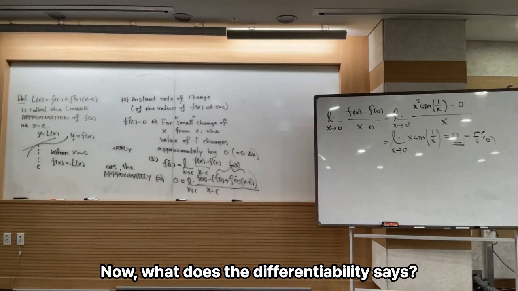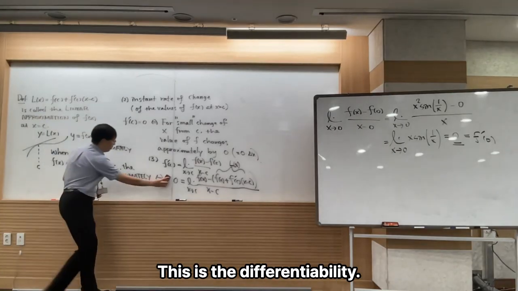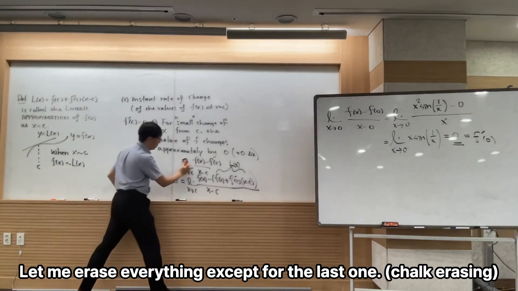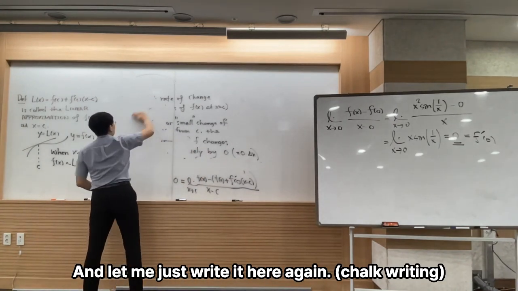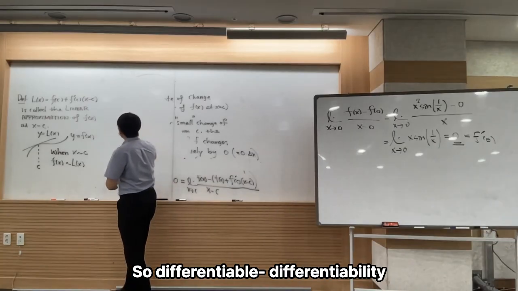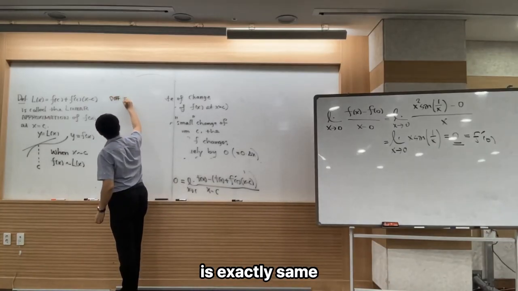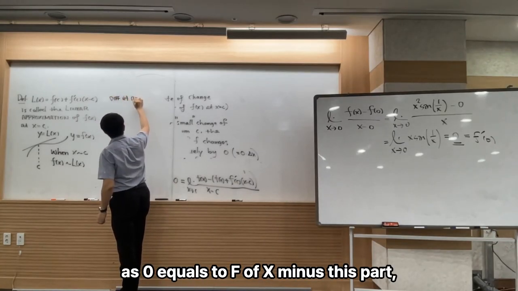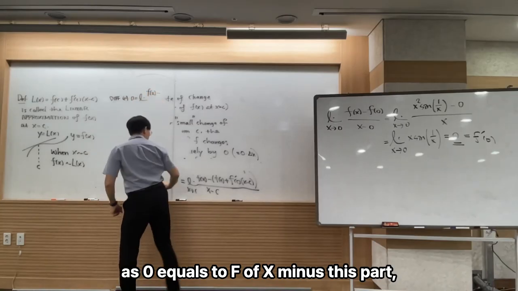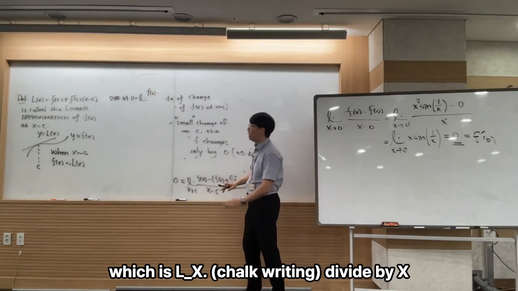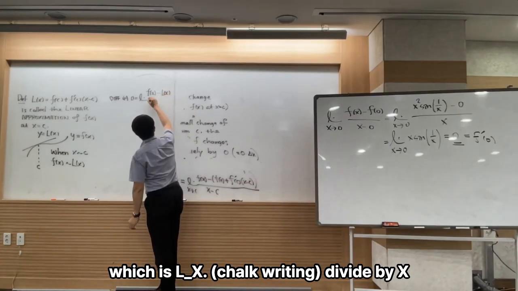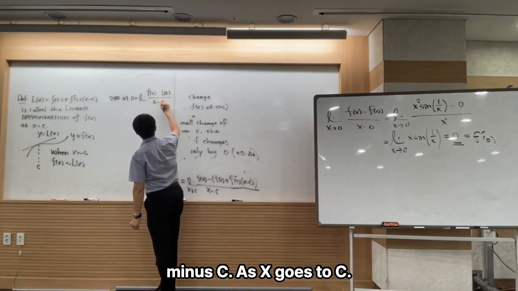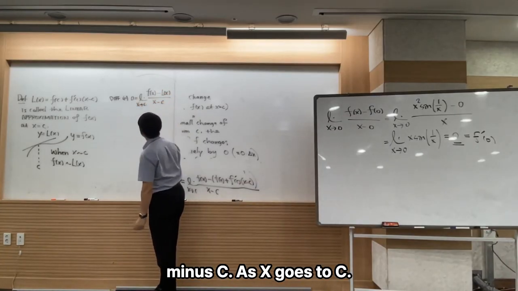Now, what does differentiability say? This is the differentiability. Let me erase everything except for the last one and write it here again. Differentiability is exactly the same as 0 equals the limit of f of x minus L of x, divided by x minus c, as x goes to c.